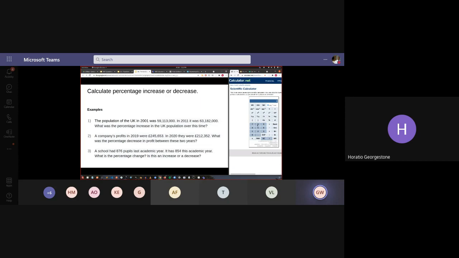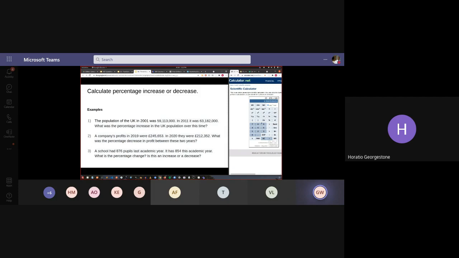So calculate the difference. 876 minus 854 is 22. What is 22 as a percentage of the original amount, the initial value, times by 100 to convert to percent, and we get 2.5.